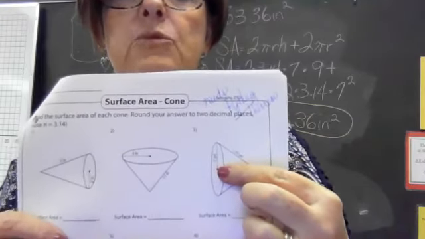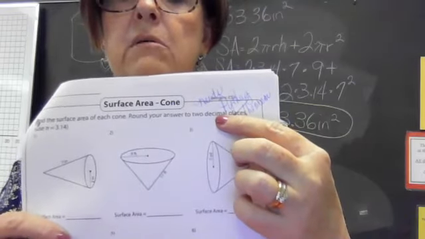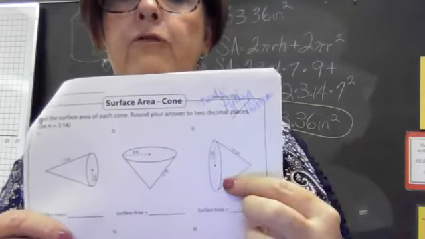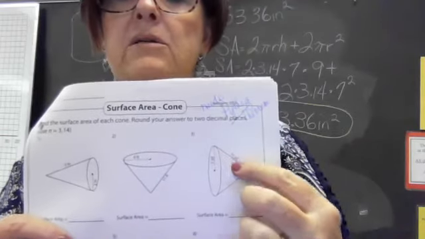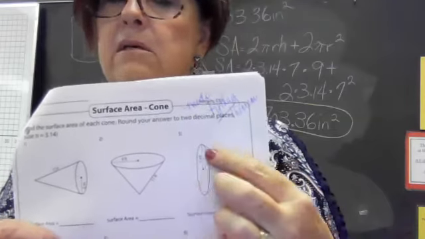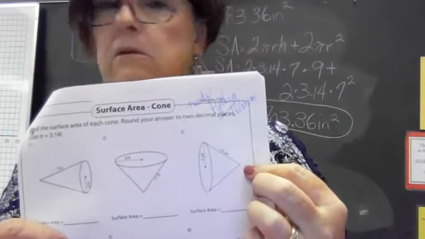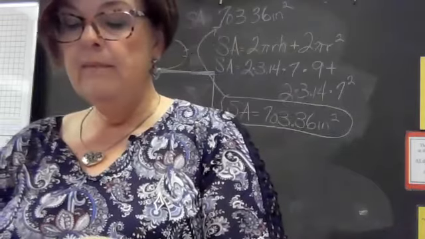So if you get to this point, you will either use Pythagorean theorem or the formula that they give you on your formula chart that has the slant height. It has an S, and the S stands for slant height. Any questions on that?